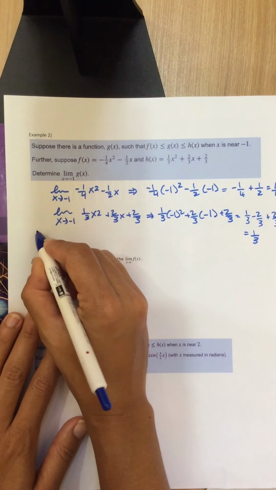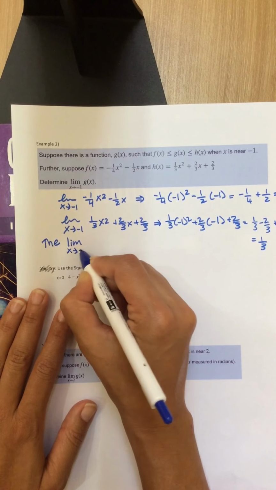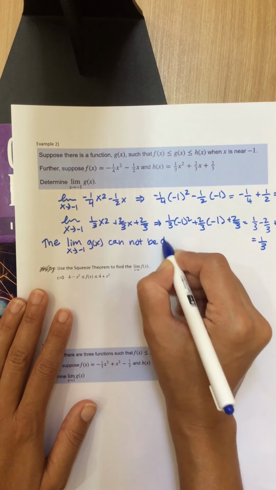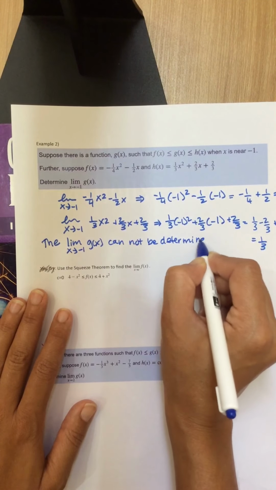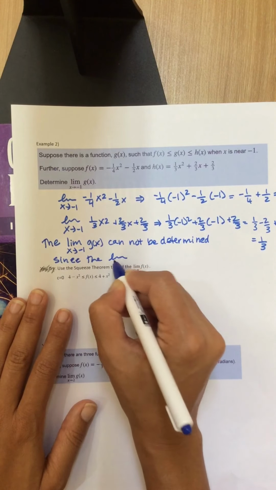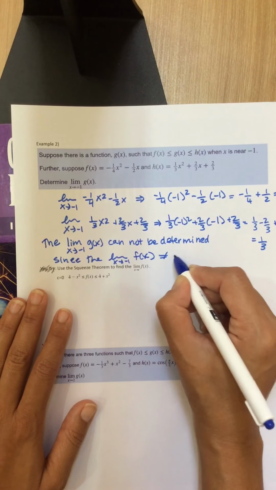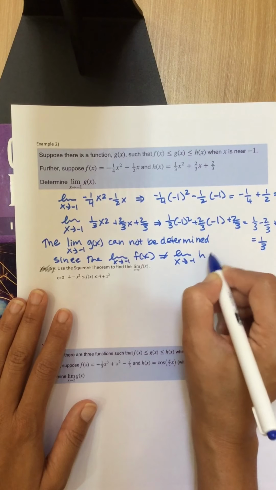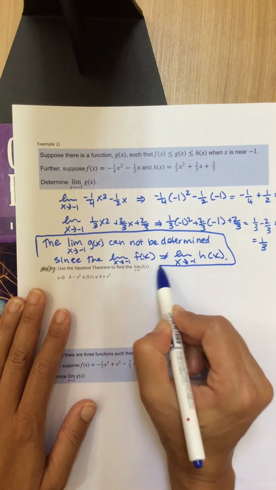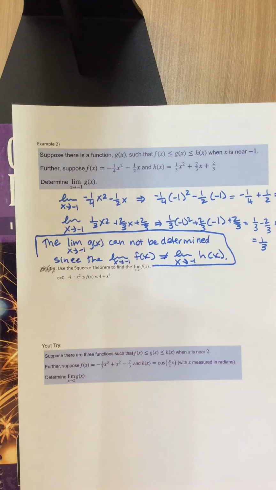So the limit as x approaches negative 1 of g of x cannot be determined, since the limit as x approaches negative 1 of f of x does not equal the limit as x approaches negative 1 of h of x. Essentially, the squeeze theorem cannot be applied, right? Kind of like exactly in the last example, except here I just changed my answer to match what it was asking.